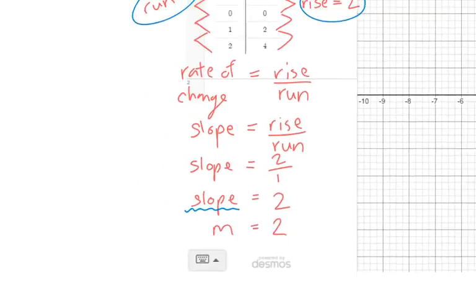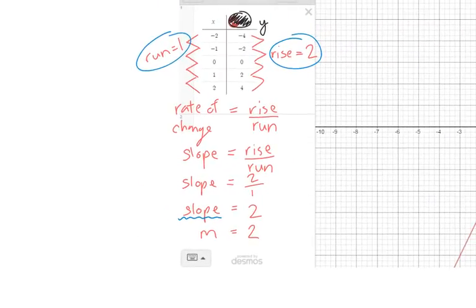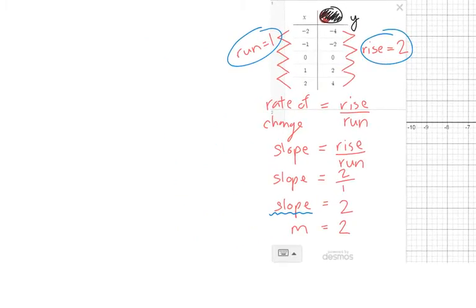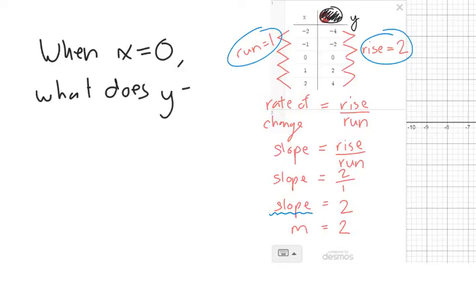With our table of values, we've just calculated our rate of change, which is also known as slope, and slope can be represented with the variable m. With that being said, we still need to figure out the initial value. A lot of students have trouble recognizing the initial value from the table of values. You need to ask yourself this question: when x is equal to 0, what does y equal?